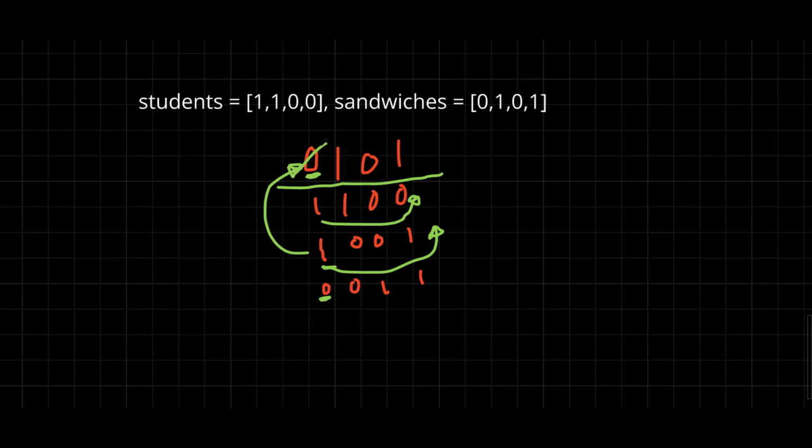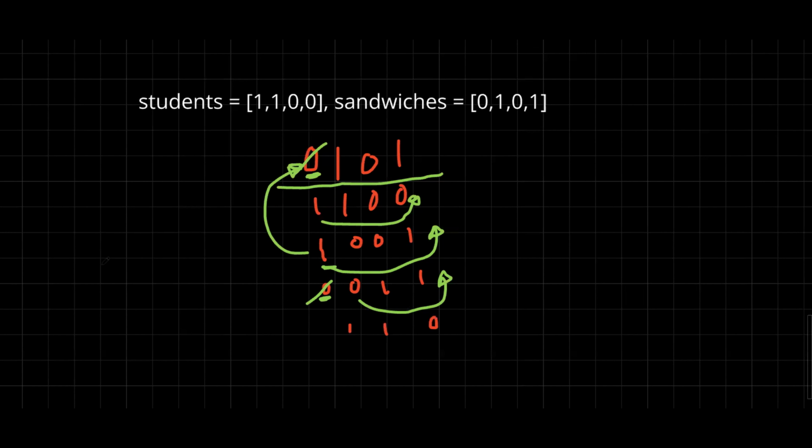So we will erase it here and erase the corresponding student. Now this student has preference 0, but the option is 1. So again it will move to the back of the queue. So now the queue becomes 1, 1 and 0.